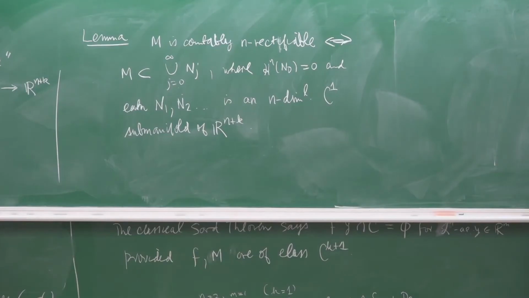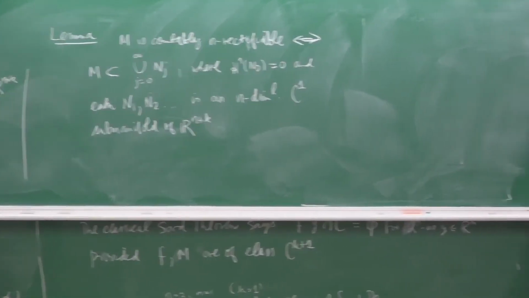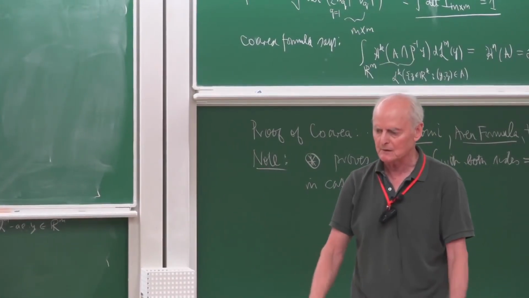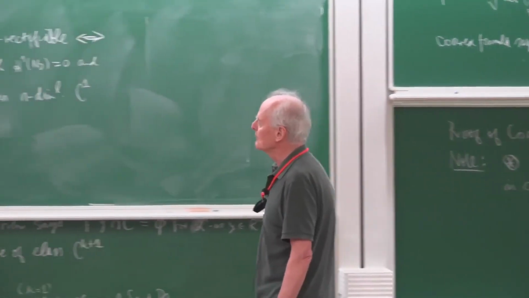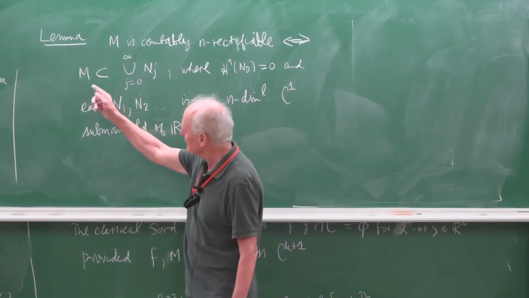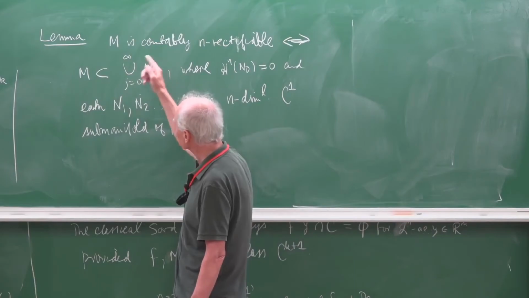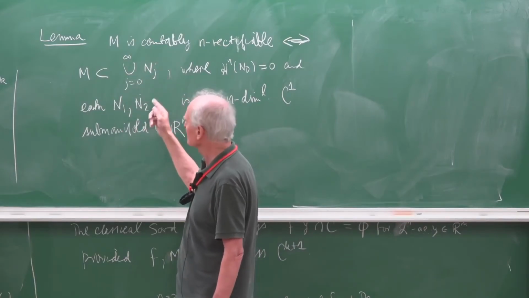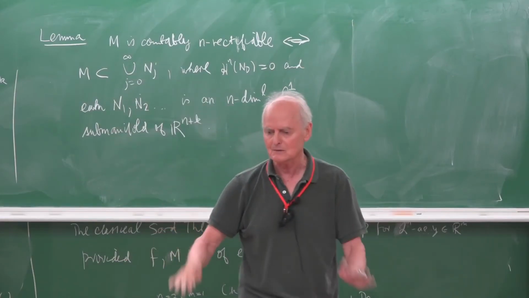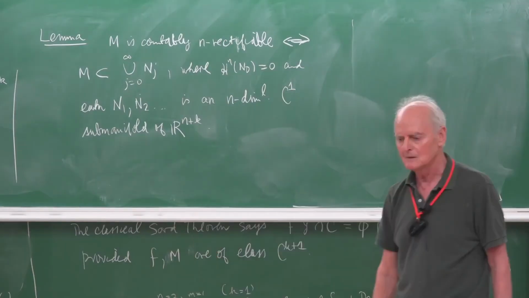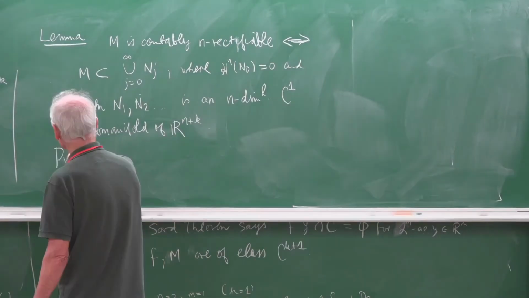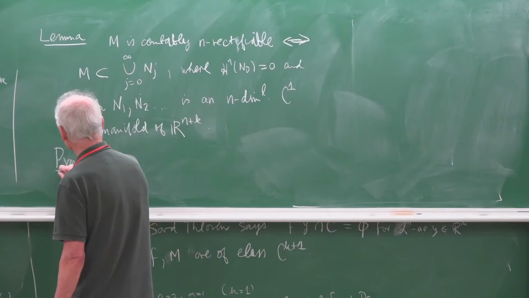So that looks a little bit more informative, though it doesn't yet tell you what these things look like. We're saying that it's countably rectifiable if and only if it's contained in a set of measure 0 together with a countable union of C1 submanifolds. Notice this is not a disjoint union, it's just a countable union, so it can still look pretty bad. Let's give the proof. There's one trivial direction and one harder direction. The trivial direction is going this way.